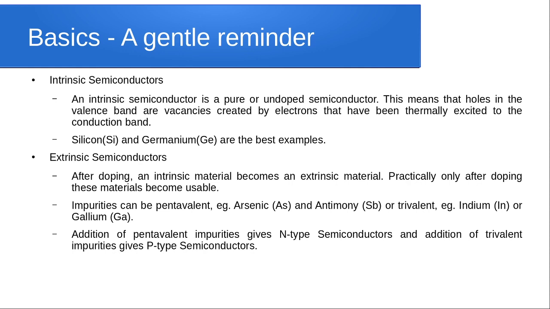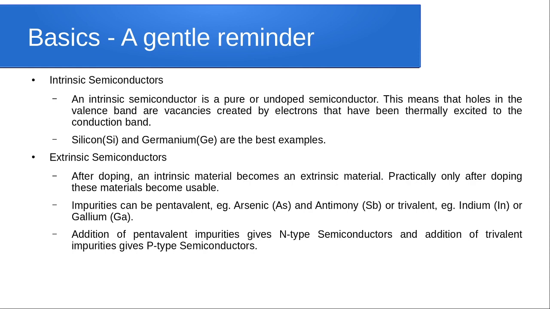Whereas extrinsic semiconductors are made by doping impurities into the pure or intrinsic semiconductor. In other words, after doping, an intrinsic material becomes an extrinsic material. There are two types of impurities.